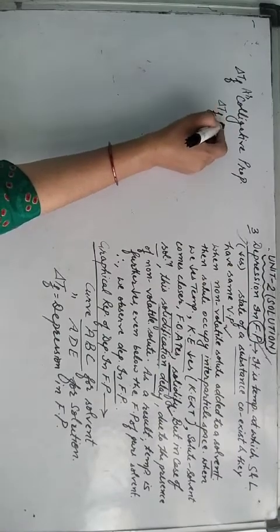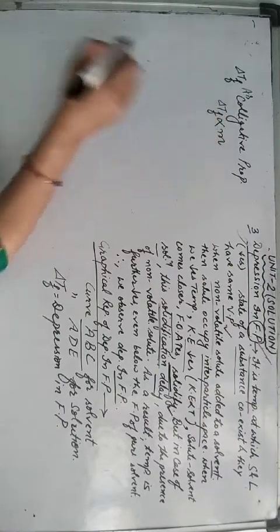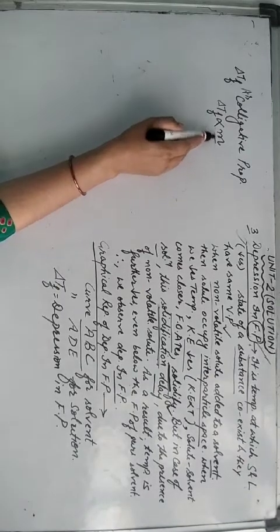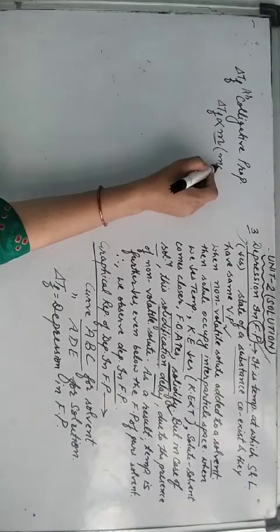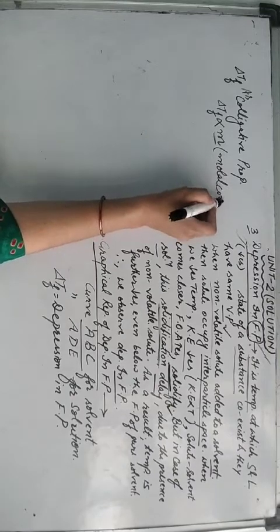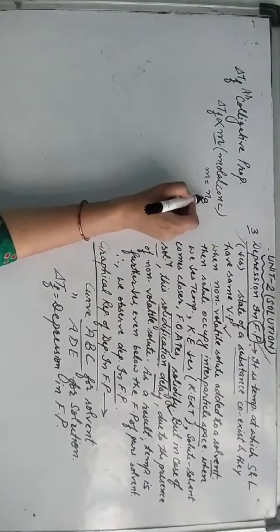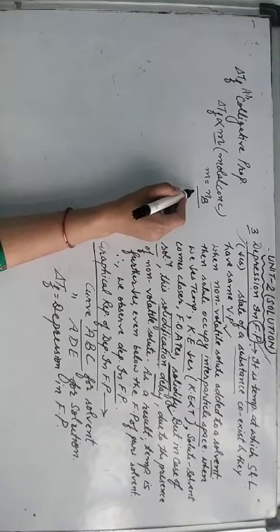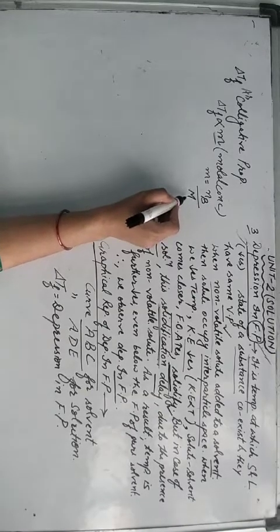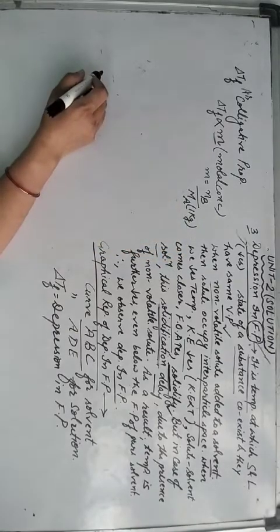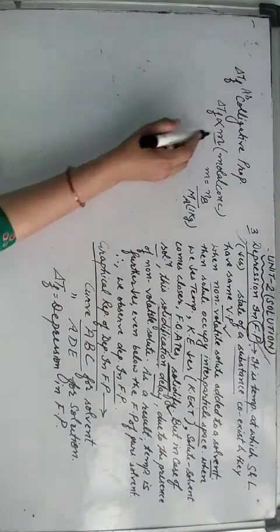Experimentally, delta TF is directly proportional to m. Here small m is the molar concentration, that is number of moles of solute dissolved in 1 kg of solvent. Ma is the molecular mass of solvent in kg.